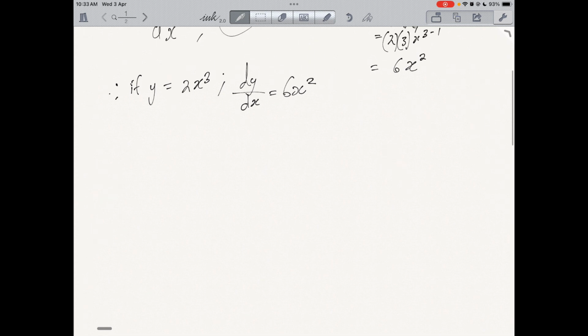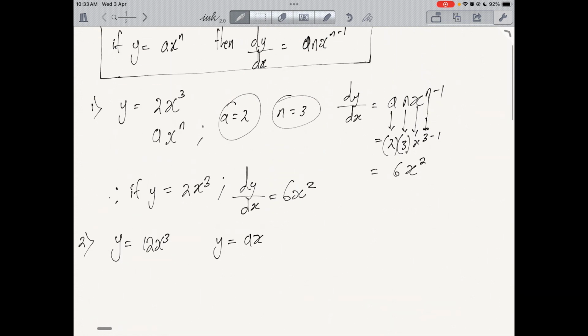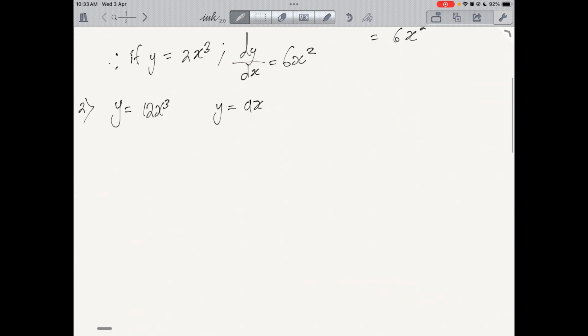Let's take another example. y = 12x^3. Now we are comparing it to y = ax^n. Now we can see that our a is 12 and our n is 3.